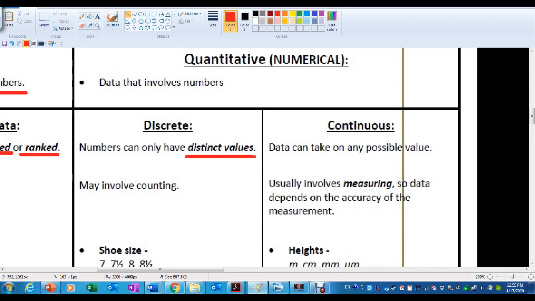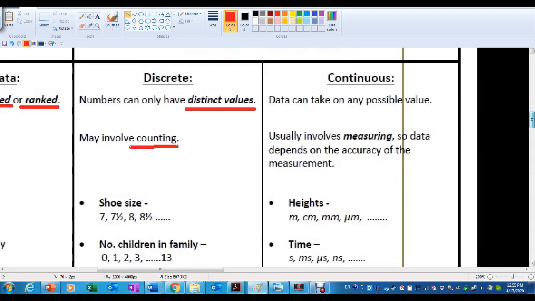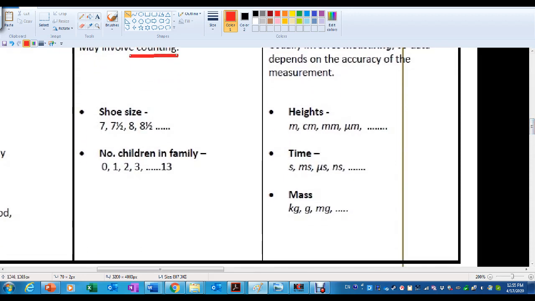It may involve counting. Lots of the time it has something to do with counting. Shoe size: 7, 7.5, 8, 8.5, but we don't have a size between 7 and 7.5. So if your foot size is between 7 and 7.5, sorry, we don't have 7 and a quarter.